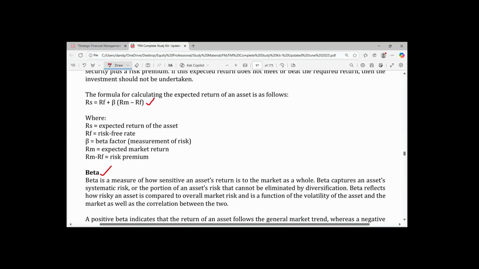The challenge is the beta value, because the risk-free rate of return will certainly be given to you. Market return may be given to you, or the examiner may decide to give you a market risk premium. But the challenge, like I said, is how to estimate the beta value.